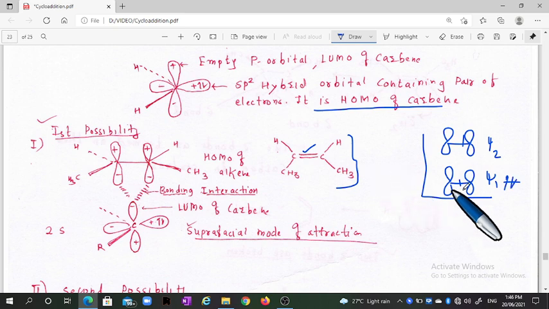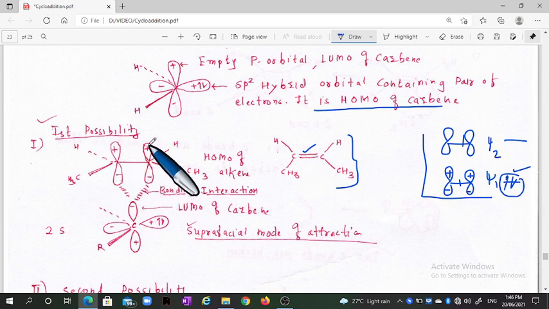We have filled these two electrons, and the other orbital, psi2, remains with no electrons. When we consider the HOMO of this unsaturated system, the highest occupied molecular orbital, the lobes are positive, positive, negative, negative, because two electrons are present in this orbital, therefore it is the highest occupied molecular orbital.